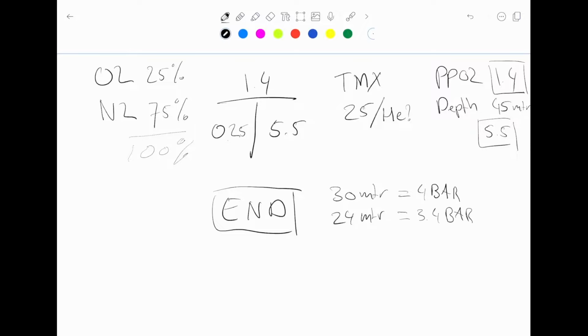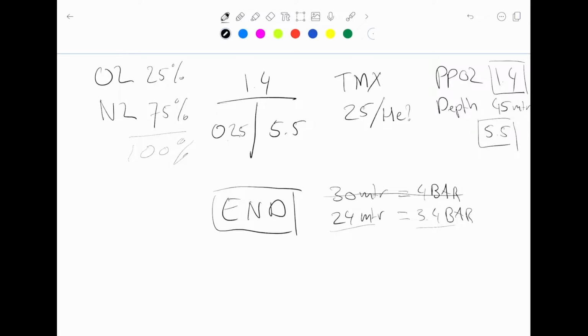This is the total pressure of the gas at that depth. 24 meters will have 3.4 bar. Most training agencies say that you can have a maximum equivalent narcotic depth of 30 meters. Personally, I think this is a bad idea, because even if a lot of people will tell you, oh, I feel good, I feel fine, there are other things we need to take into consideration: if your water temperature is cold, or you are experiencing limited visibility or high task loading, or maybe you're in a teaching capacity, or you need to do something which you didn't plan for.